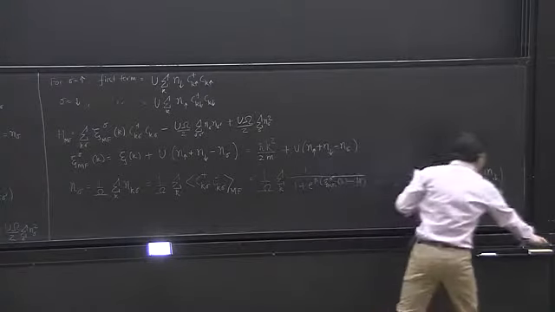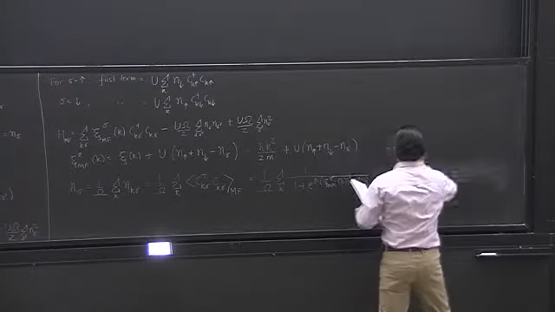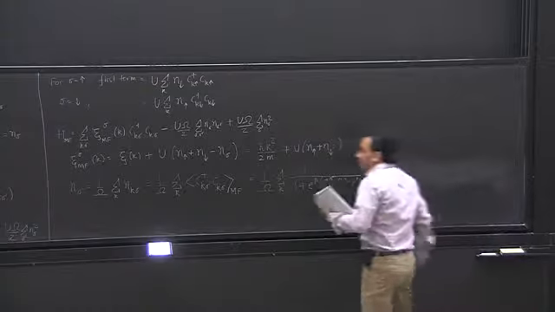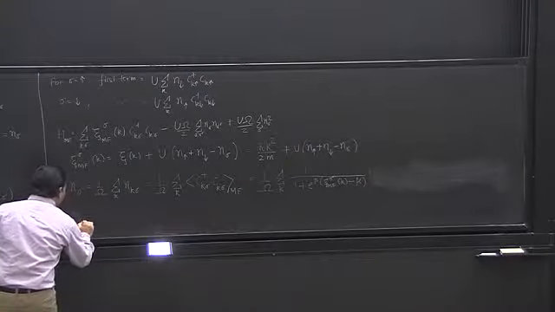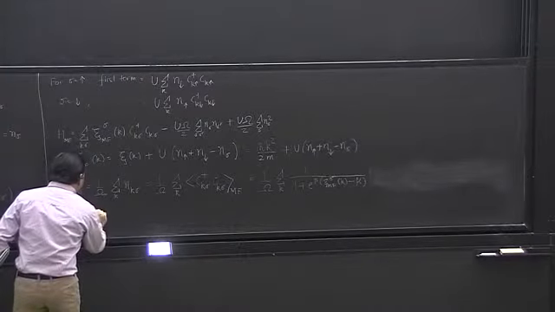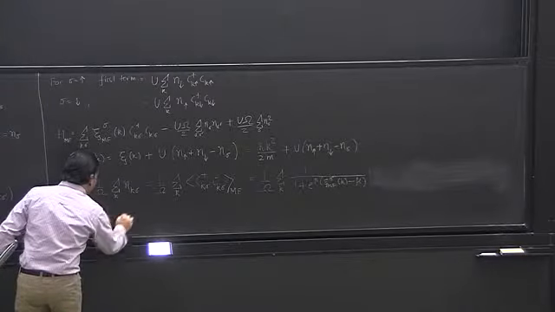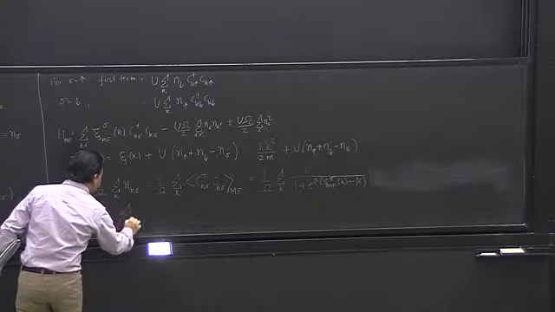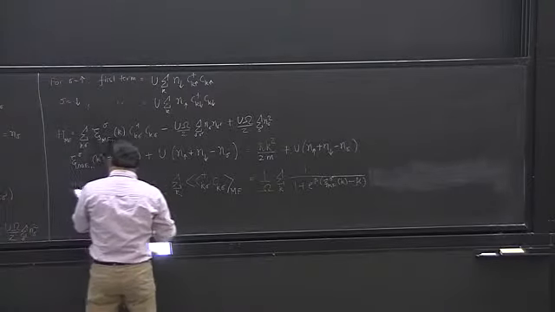I've assumed one more thing, so let me do it in one more step. Now I'm going to calculate n up at T equal to 0, and this I can write as a theta function.